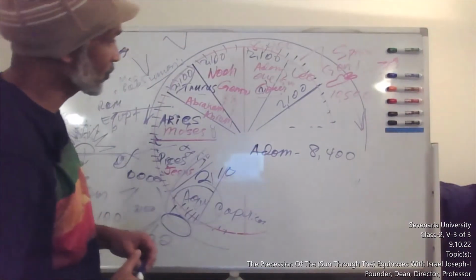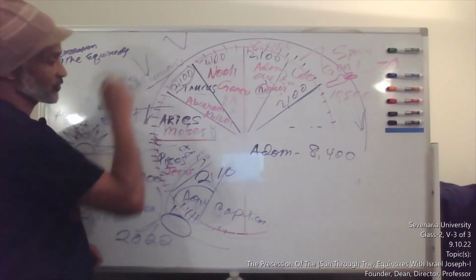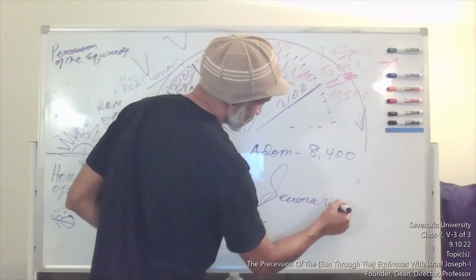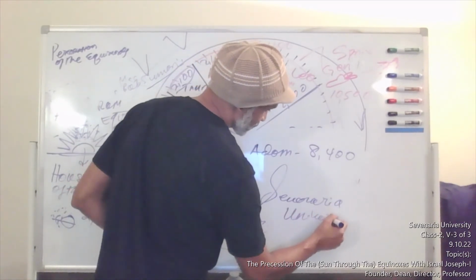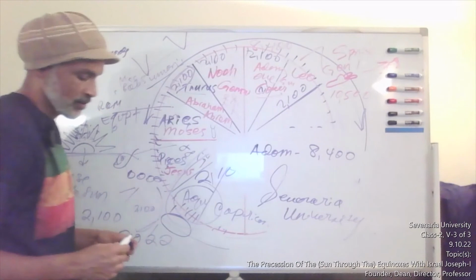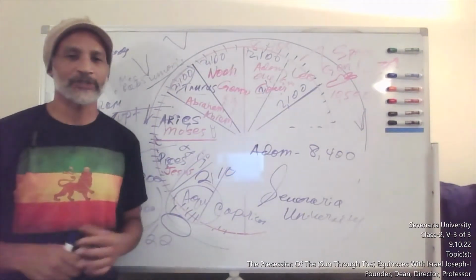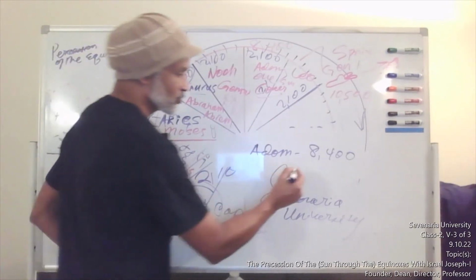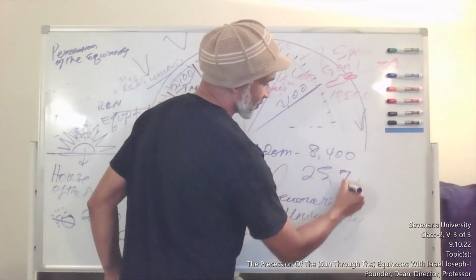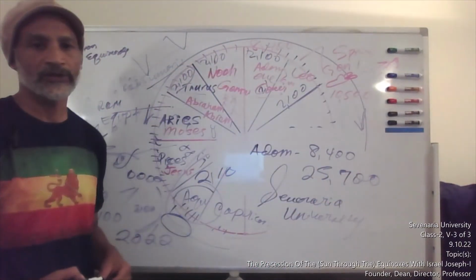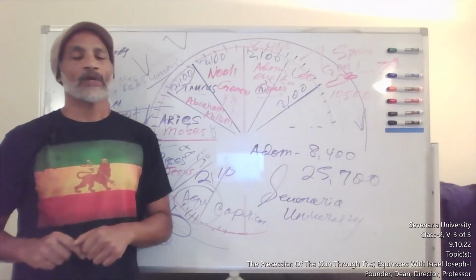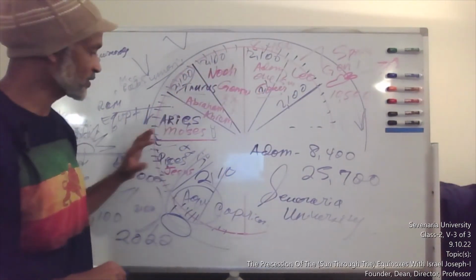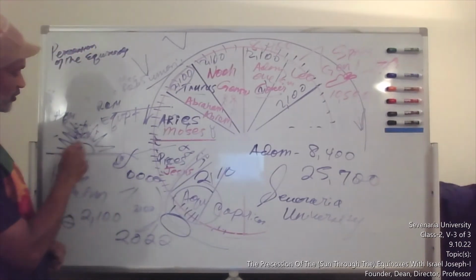And so this is the precession of the equinoxes as taught by Sevenaria U. And I hope you've enjoyed watching this precession of the equinoxes presentation of the 2,100 year, 25,700 year cycle of the sun, and how it affects us as human beings on the planet because of its position against the constellation it is sitting inside of.